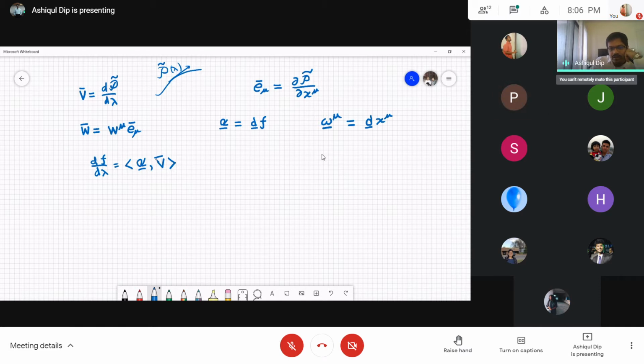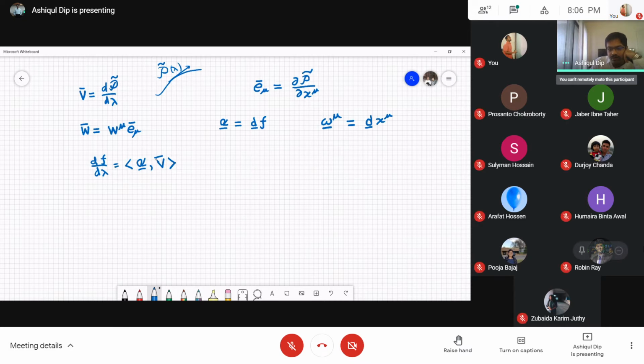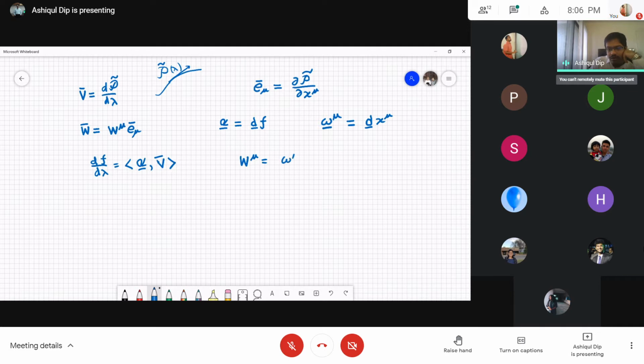And using the definition of this piercing process, we were able to calculate some results. The first result was computing components. If you want the component of v, or say w, then w mu would be omega mu pierced with the vector w, right?